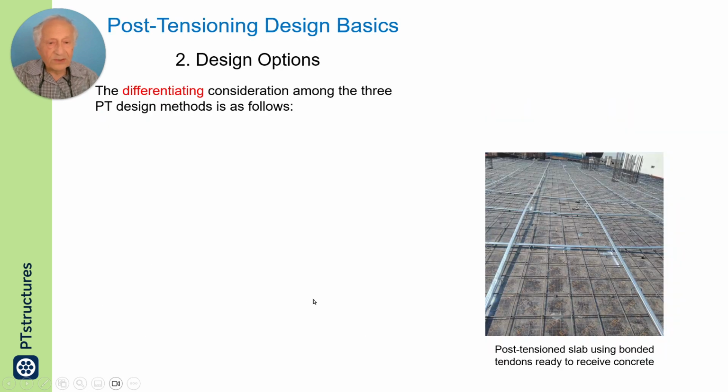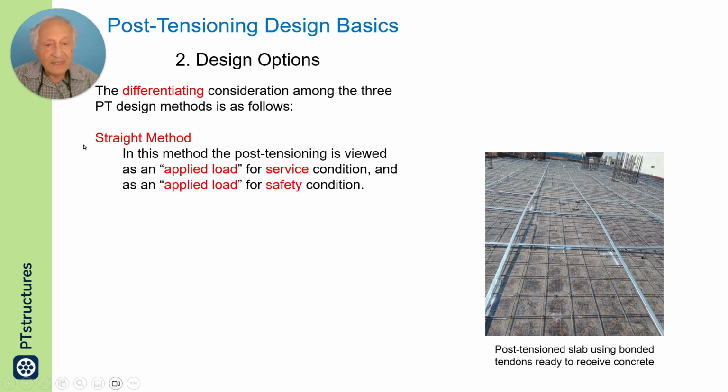Now, what are the differentiating considerations among the three post-tensioning design options? In the straight method, the post-tensioning is considered as an applied load for service condition and as an applied load for safety condition.